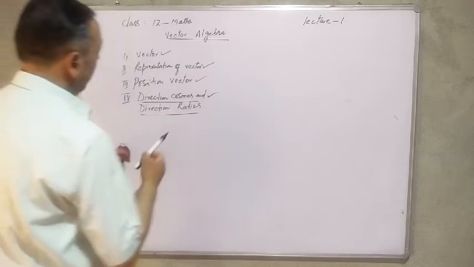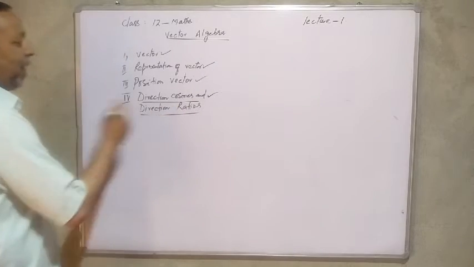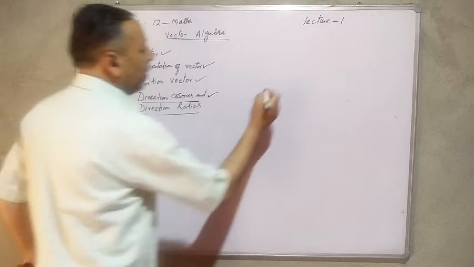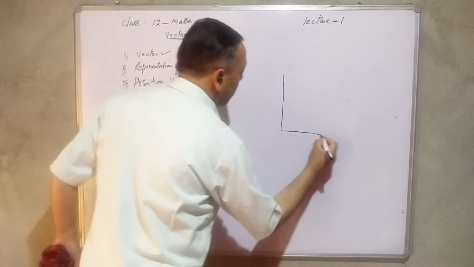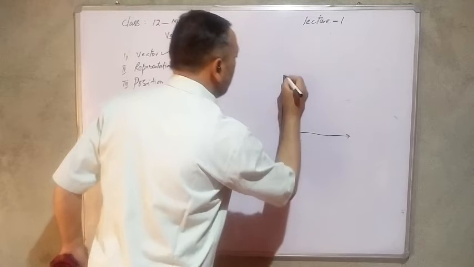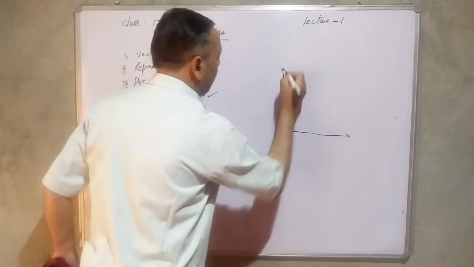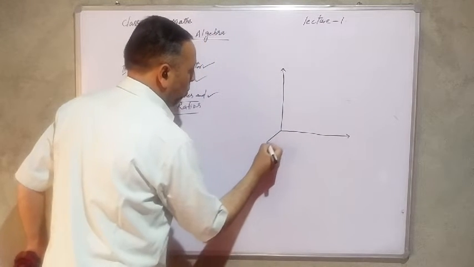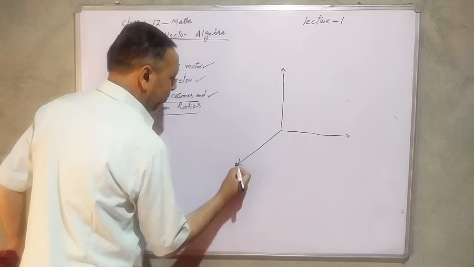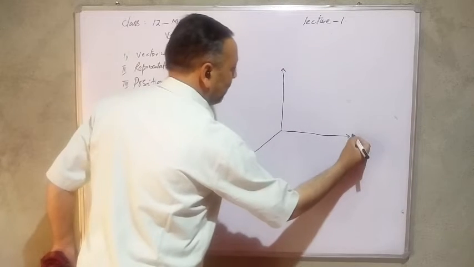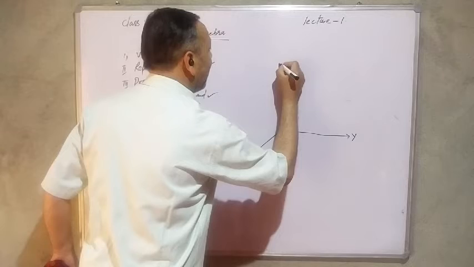Now, direction cosines and direction ratios. Again, consider a 3D coordinate system. This is the x-axis, this is the y-axis, and this is the z-axis.